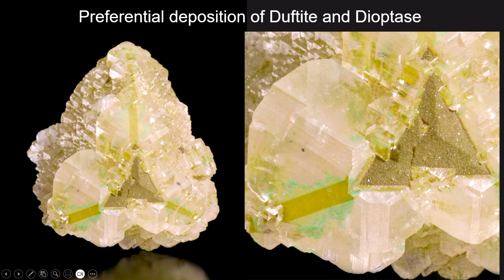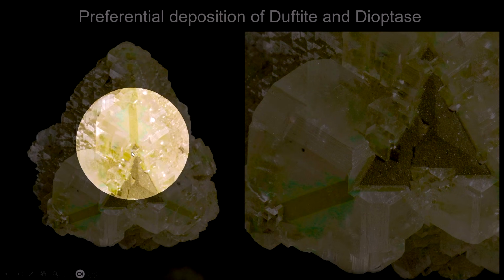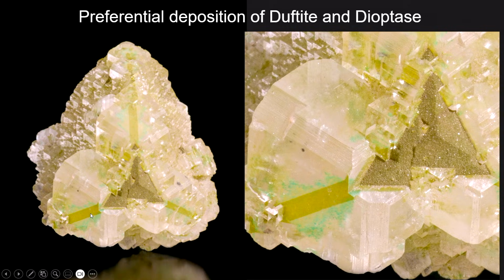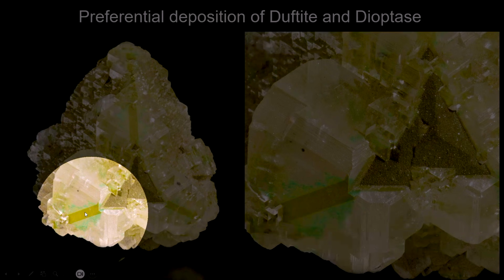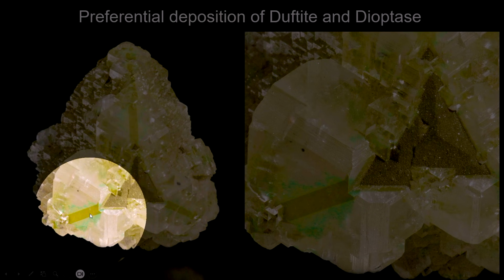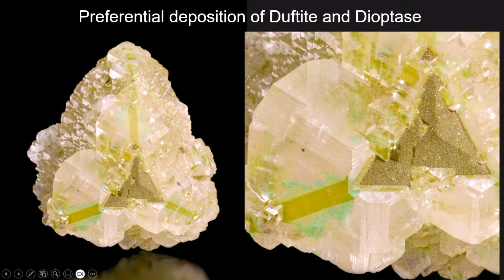And as this second generation of calcite has formed, it also forms this Y-shaped Mercedes-Benz pattern. And for good measure, this specimen has not only duftite in this pattern, but also fine deposits of dioptase.